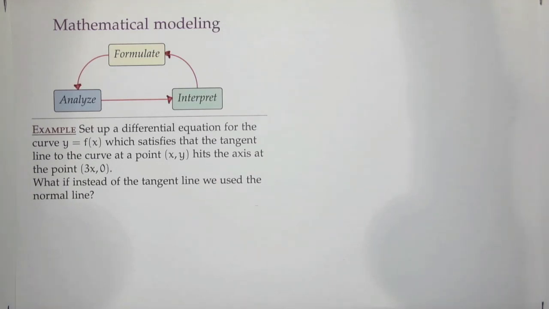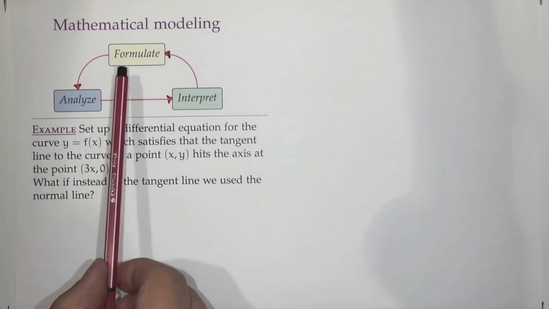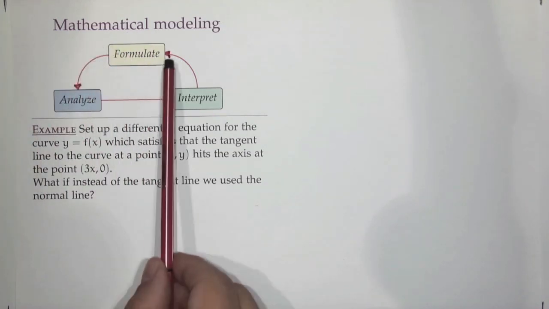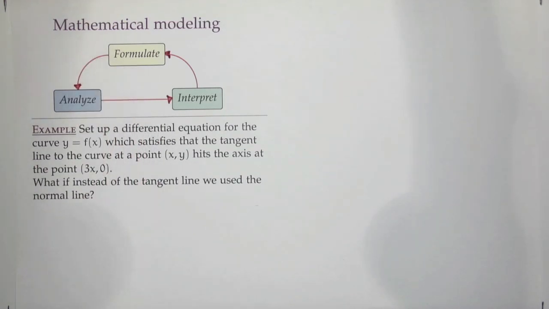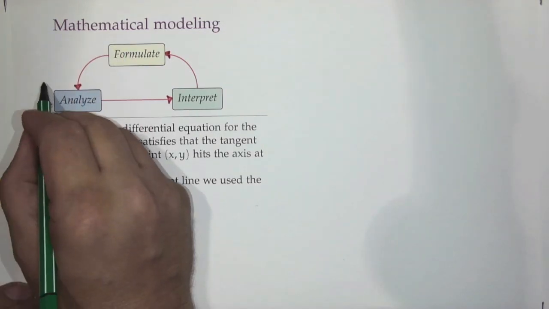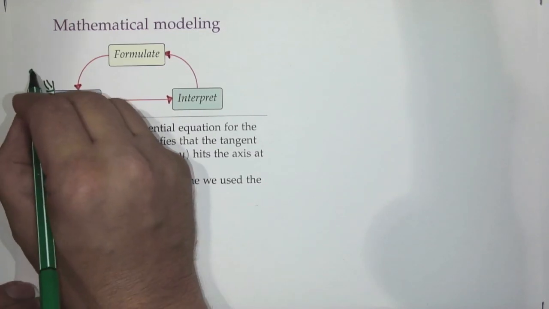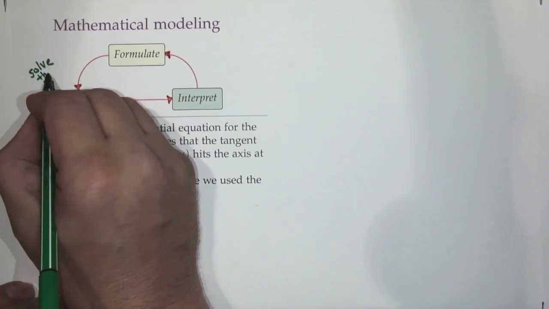But no, we have something to describe. And the question is, well, how do we go about using math? And the way we do it is there's this sort of cycle here. It says, all right, we come up with some way to describe the situation. So that's our formulate. How can we describe something with a simple differential equation? So like Hooke's law. And then what we do is we do our analyze. Now, this, by the way, the analyze is oftentimes where we would say you solve the differential equation.